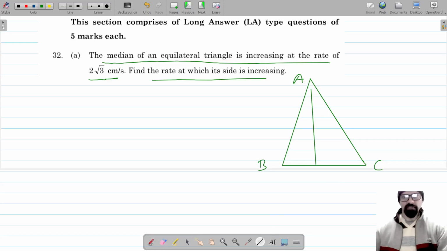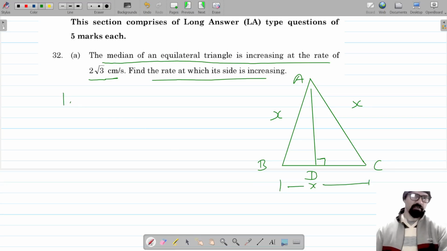So let AD be the median, which also is the altitude, and x be the side, because it's an equilateral triangle, so all its sides will be x. So let AB is equal to BC is equal to AC is equal to x be sides of an equilateral triangle.